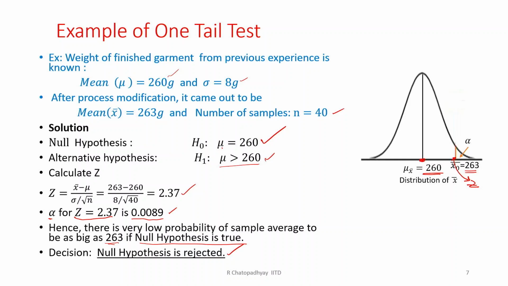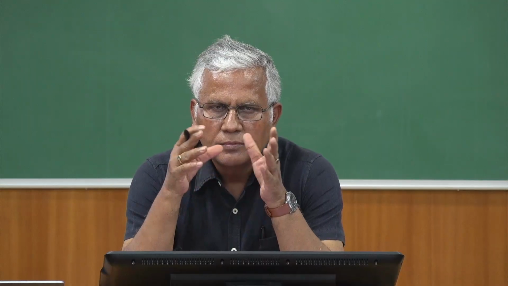So this kind of situation will always occur in an industry. Many a time we change the process. Let us say the process of spinning a yarn, or the finishing treatment that is given to a fabric, or weight reduction techniques used for different types of fabrics during fabric processing.